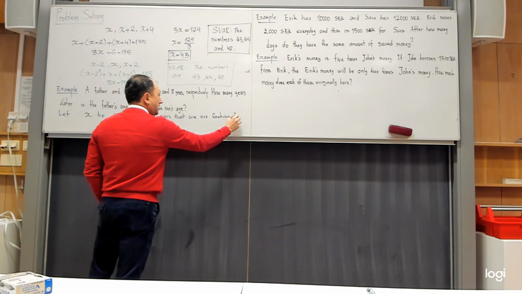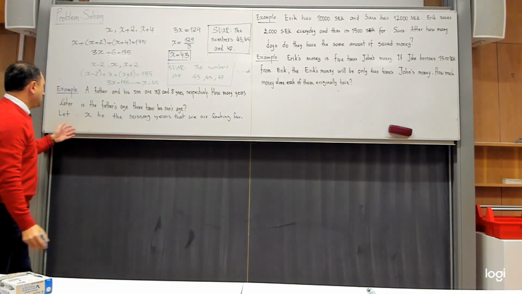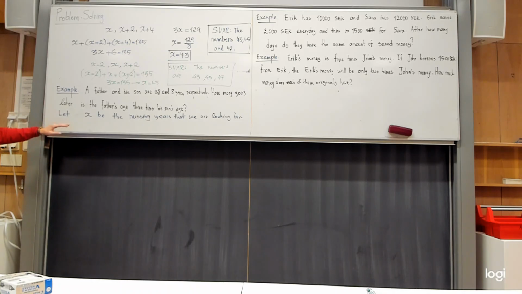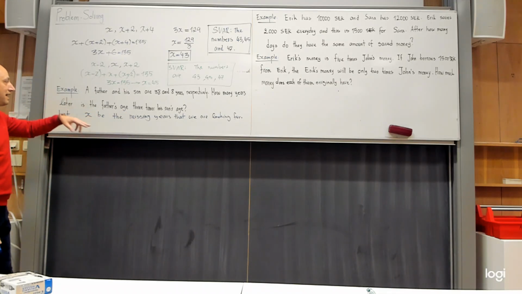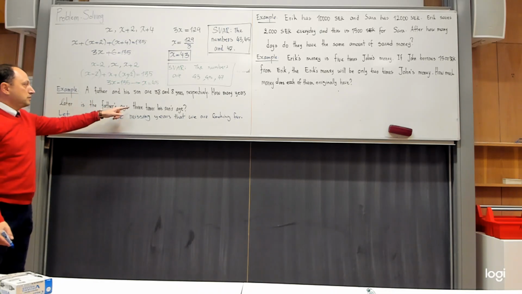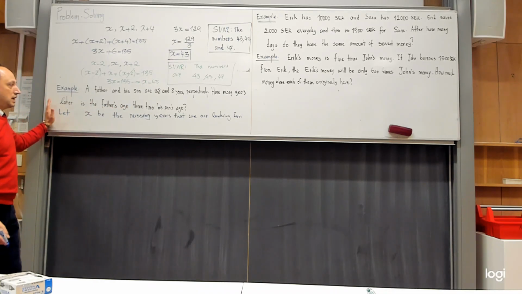By reading the text, you need to have an unknown, so you give it a name. Here it is immediately clear that the unknown I am looking for is the number of years after which the father's age becomes 3 times his son's age.